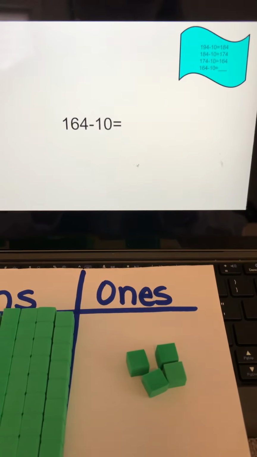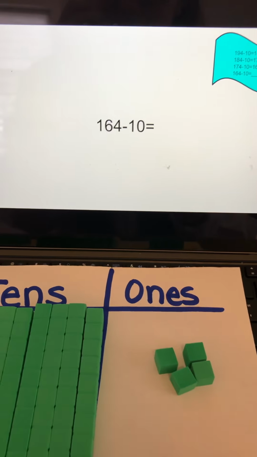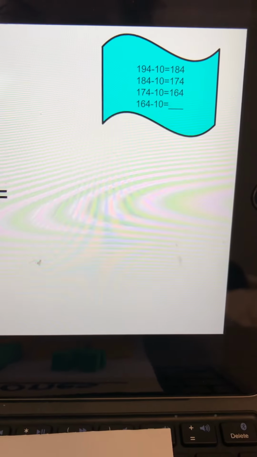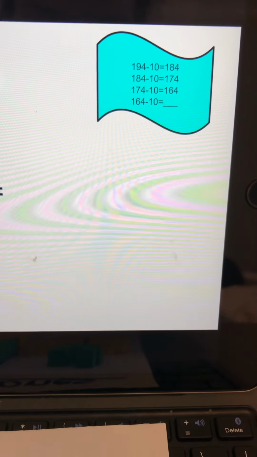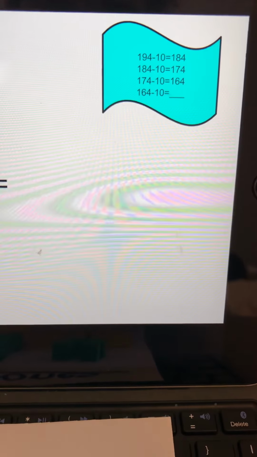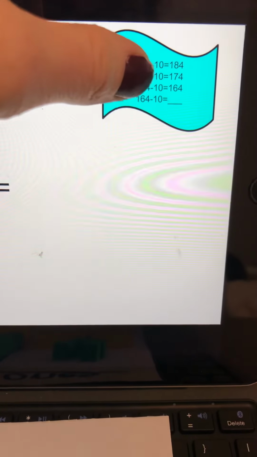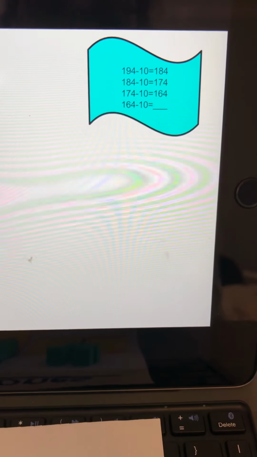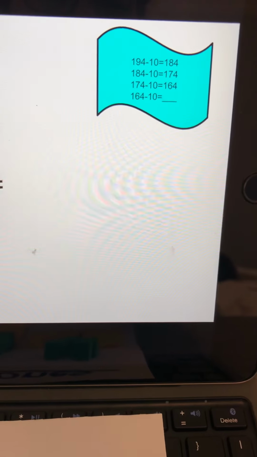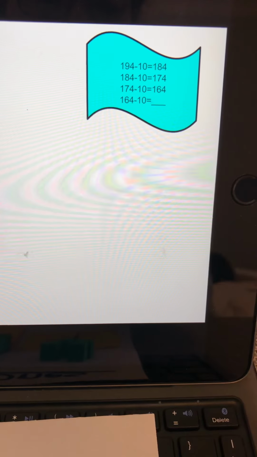Before we try and figure this one out on our own, let's recap the equations we've done already. We did 194 minus 10 equals 184. Then 184 minus 10 equals 174. 174 minus 10 equals 164. Now I want to figure out 164 minus 10.